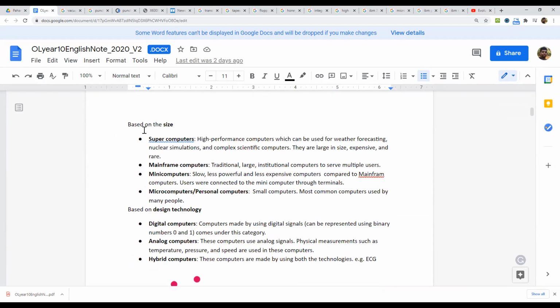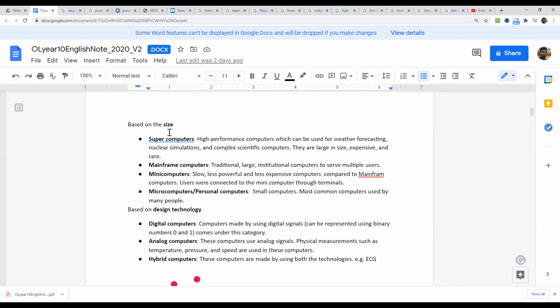Now the next one is that you can look at the size of the computer. If you look at the size, you can classify the computers as supercomputers, mainframe computers, mini computers, and microcomputers, right? Supercomputers means very high performance computers, like places like NASA, places like Google, data centers.